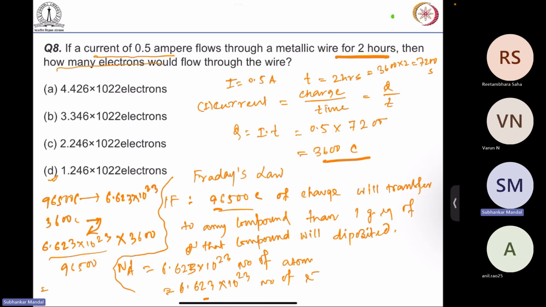Can anyone tell how much it is coming? Point 247 into 10 raised to 23. How much?